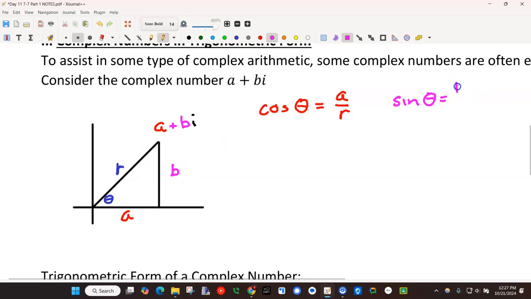Sine is opposite over hypotenuse, which is b over r. And when we were doing this in the unit circle, we just said, well, r equals 1. That's why x was the same as cosine, and y was the same as sine. But this time r is going to stay there, so we're just going to multiply both sides by it.